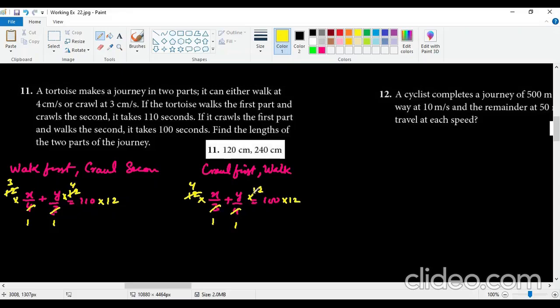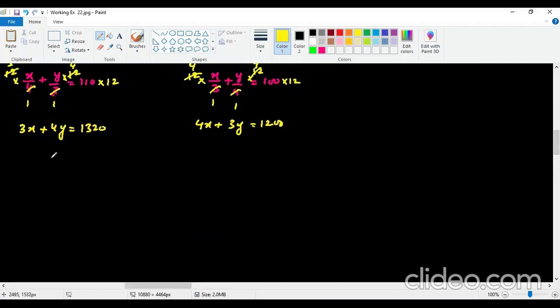Now in here, what happens is first equation becomes 3x plus 4y equals 1320. Second equation becomes 4x plus 3y equals 1200. These are the two equations. What we have now, I will write this equation over here, 4x plus 3y equals 1200.